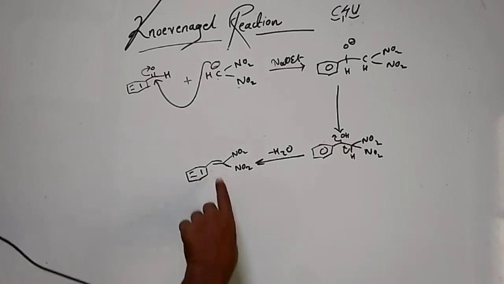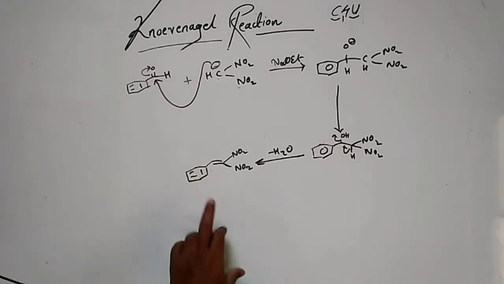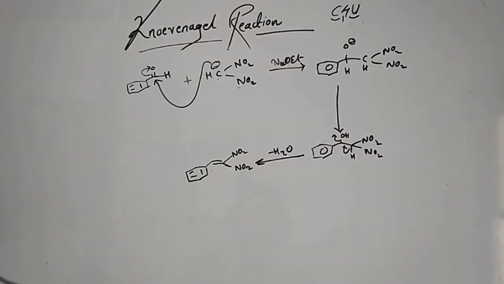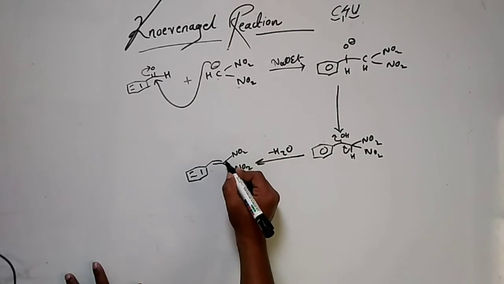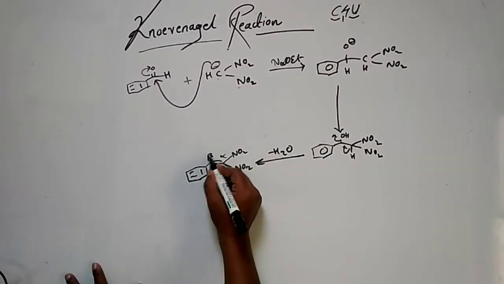We call it dehydration, because this double bond is in conjugation with the aromatic ring, and hence it is going to be formed. So here is the alpha beta unsaturated compound. The carbon next to your functional group is alpha, and here is beta.